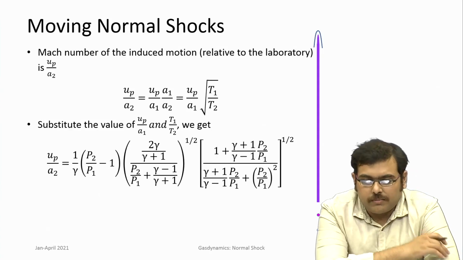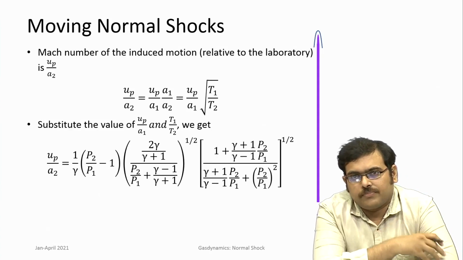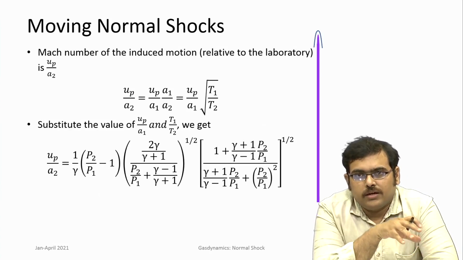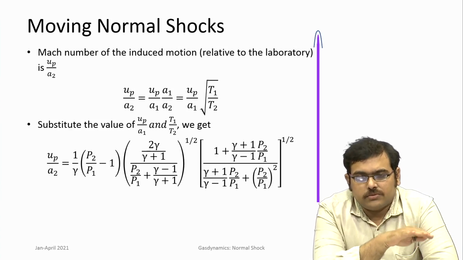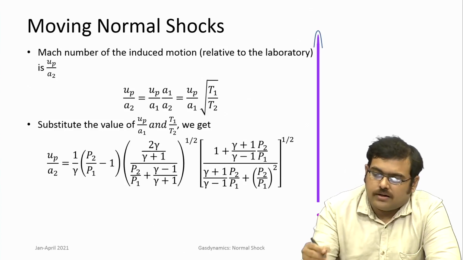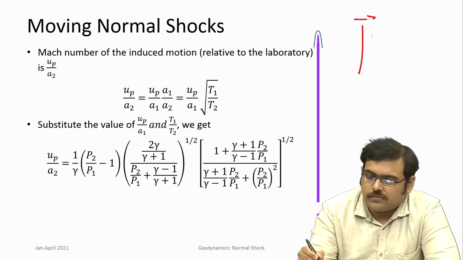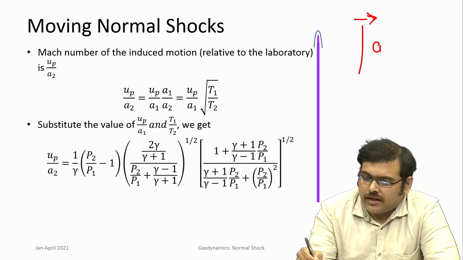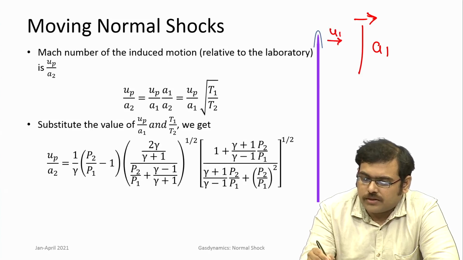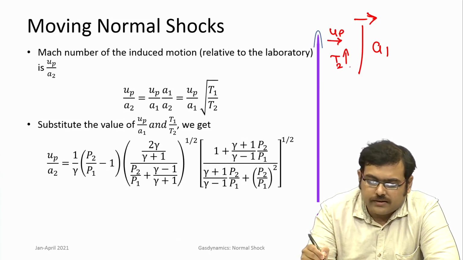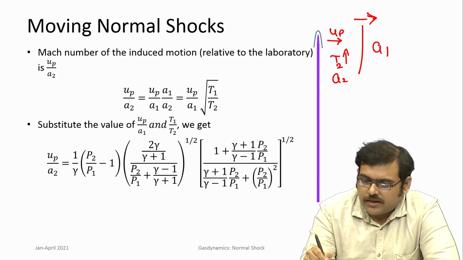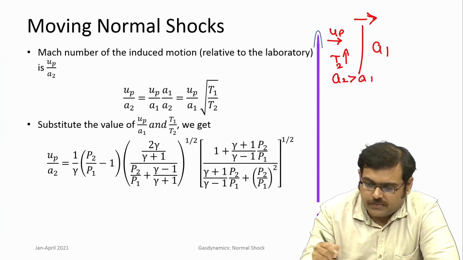Now, the Mach number for the induced motion will be with respect to the medium behind the shock wave, that is when the shock is moving here into this medium. This is A1. As the shock moves into it, it produces a motion UP, and across the shock temperature will increase. So, T2 will be greater than T1. As a consequence, A2 will be greater than A1. Right.